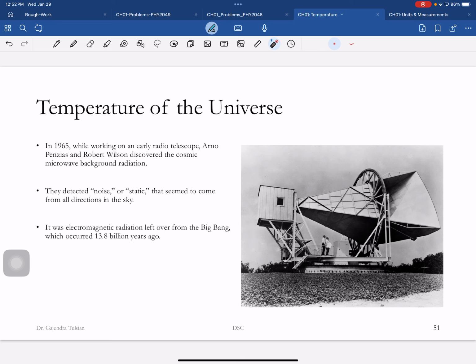It bothered them, and they were talking to somebody in the hallway, and they said, oh, well, that's probably the cosmic microwave background radiation. So it was the electromagnetic radiation left over from the Big Bang, which occurred 13.8 billion years ago.